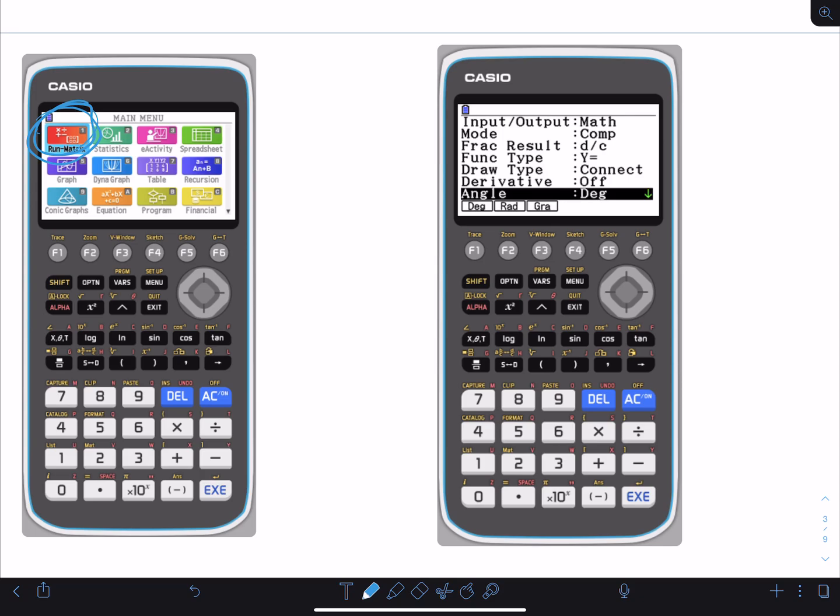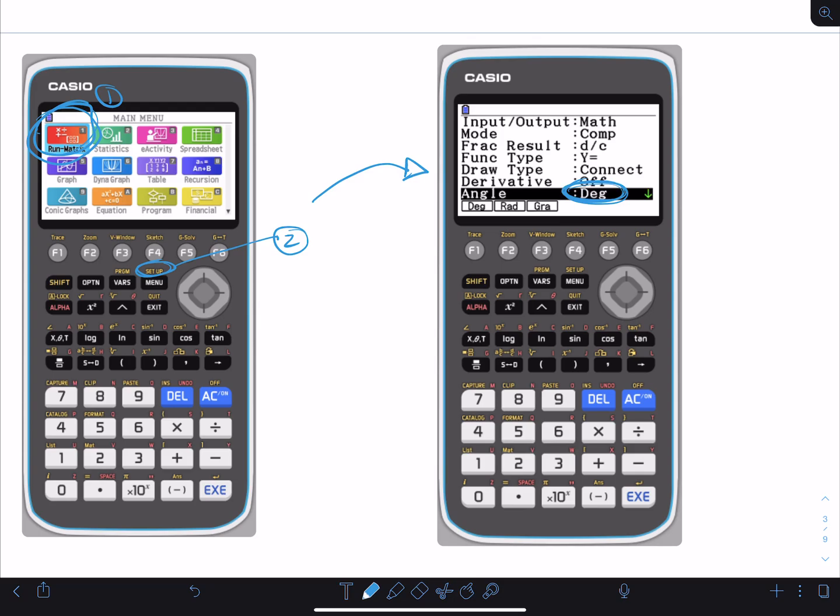Make sure you're in there, that's number one. Two, I want you to go to the setup. So this one. Okay, to get the setup, it'd be shift menu. Okay, then it'll take you here. Now make sure here you're in degrees.